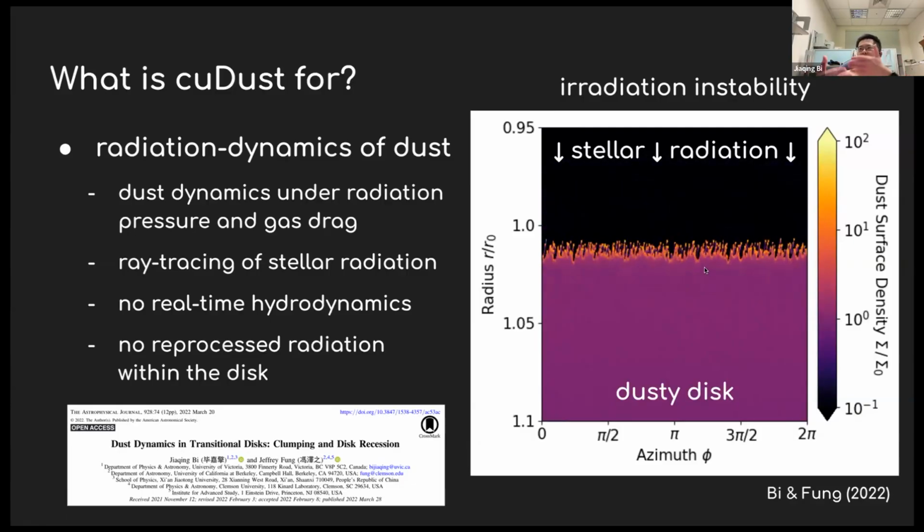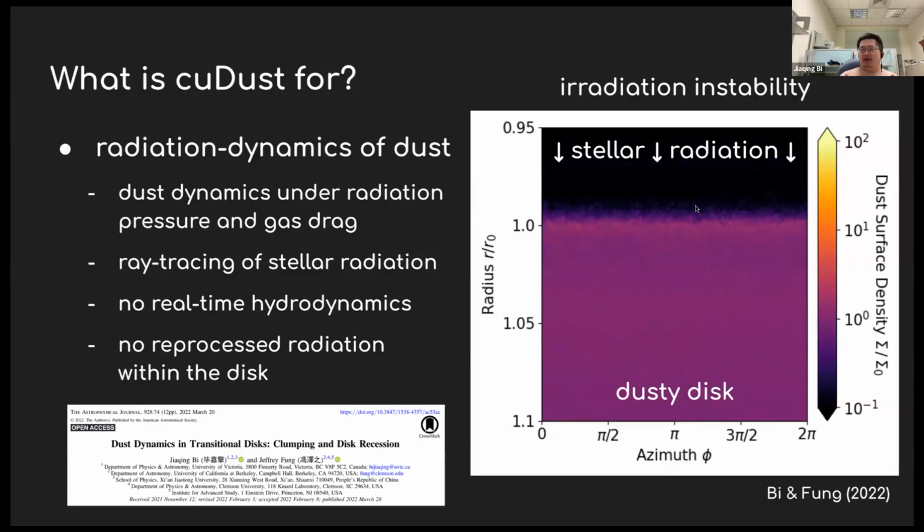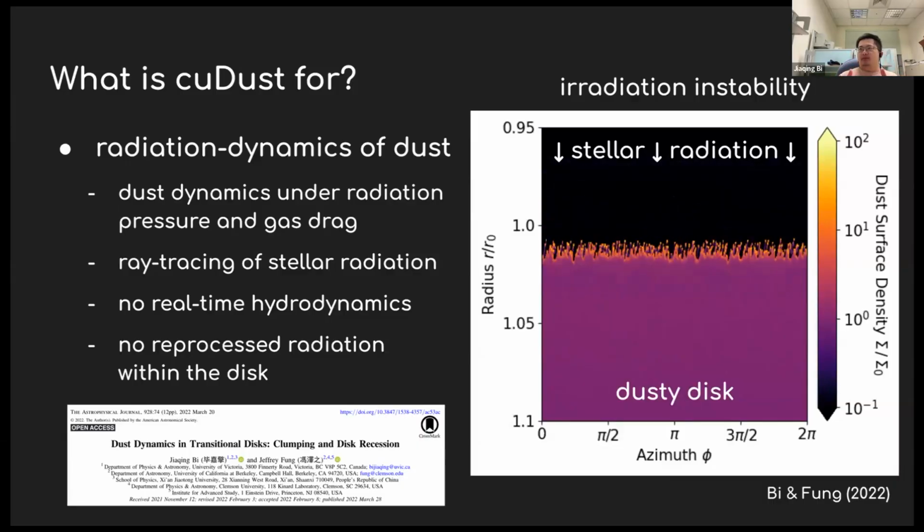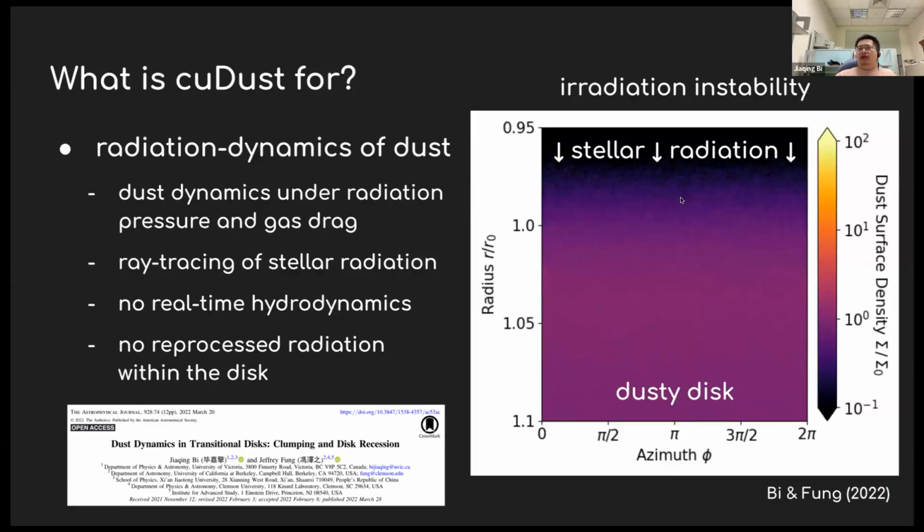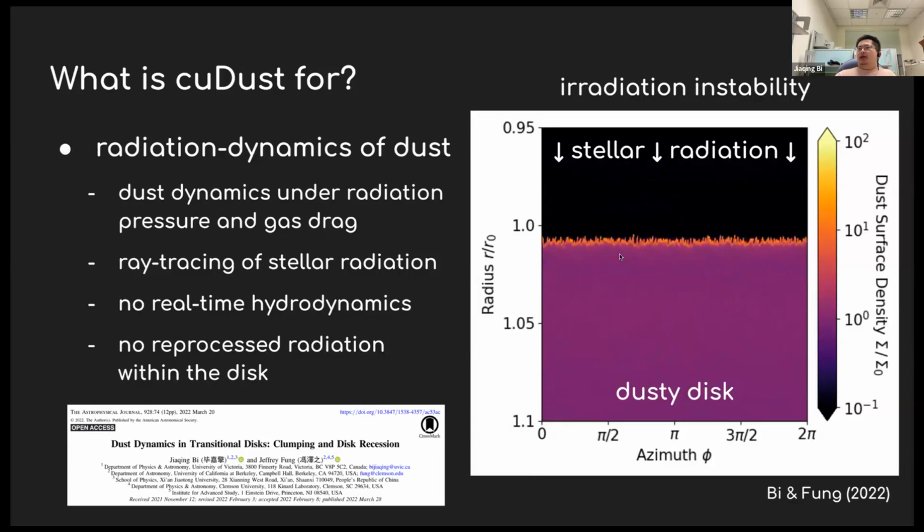Suppose you have a cavity edge, let's say in a transitional disk. Once the disk edge becomes dense enough, optically thick, it will become unstable under the radiation pressure from the star. The appearance is that it will become non-axisymmetric and form dust clumps, like the animation shows.